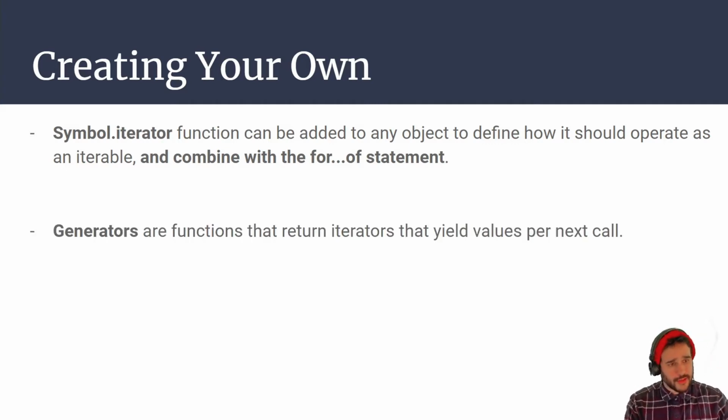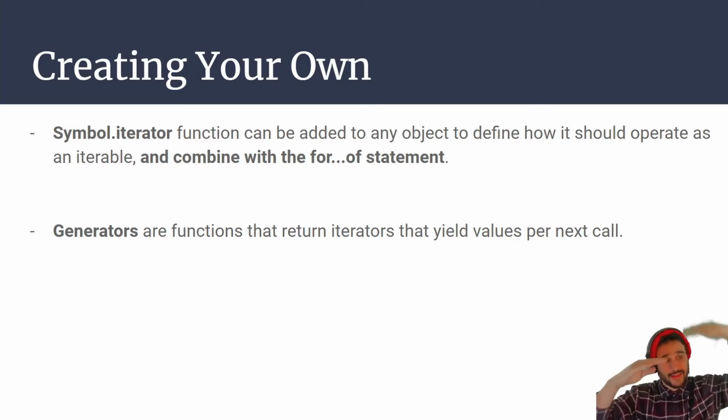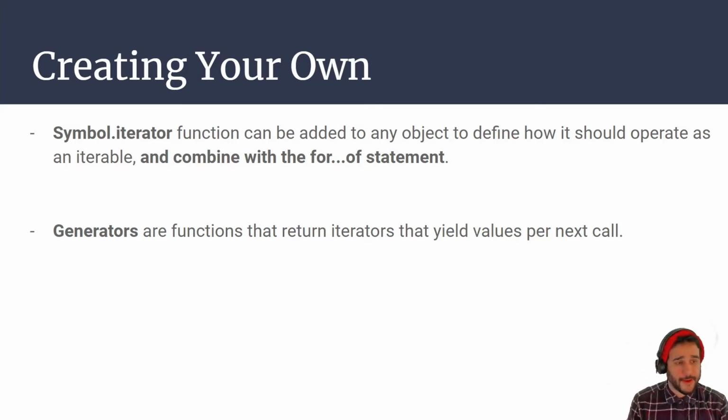Generators are functions that return iterators that yield values per next call. I'm not going to get too deep into generators in this presentation, but I'll be mentioning them a couple times, because generators are functions that essentially return iterators, right? And then iterators, when they call next, allow the generator to try to hit its next yield or return statement. And that's why async await works, but that's for another lesson.